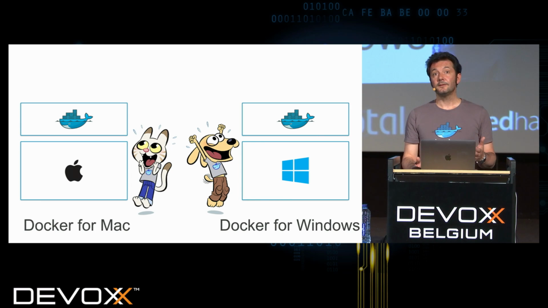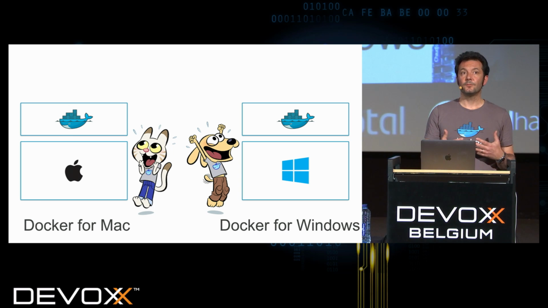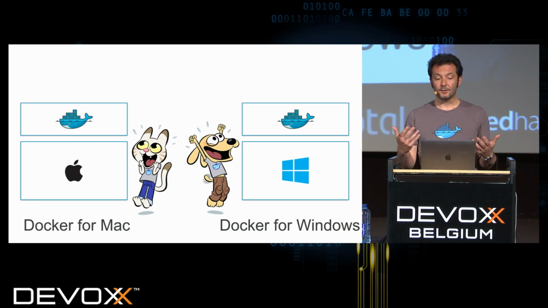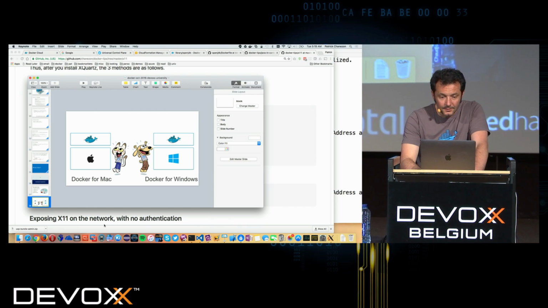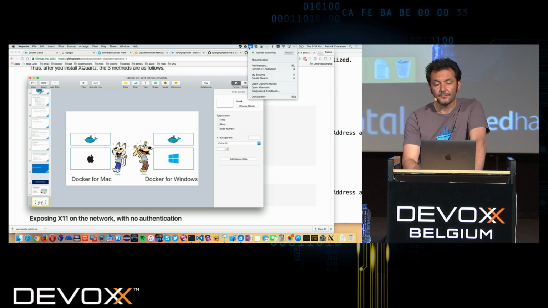What that means is we implemented that in the form of Docker for Mac and Docker for Windows. What I've been using up to now is Docker for Mac. The way it works is you just install it from Docker. Once you install it, it installs that little whale here that shows me that Docker is running.